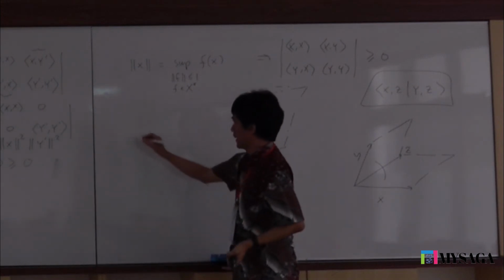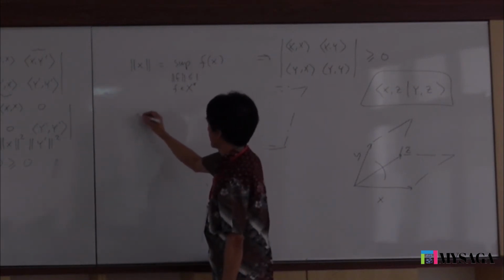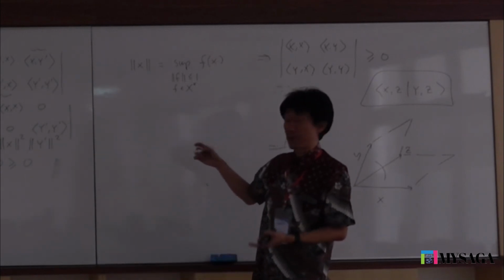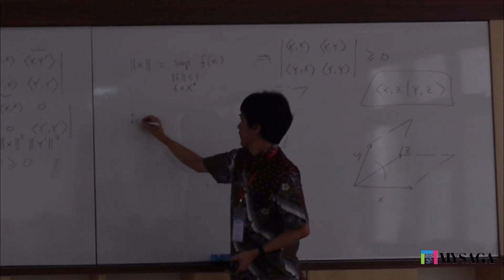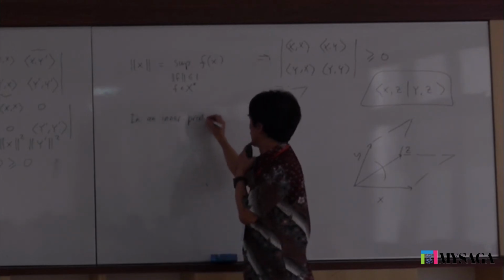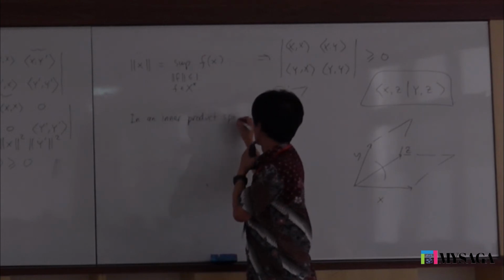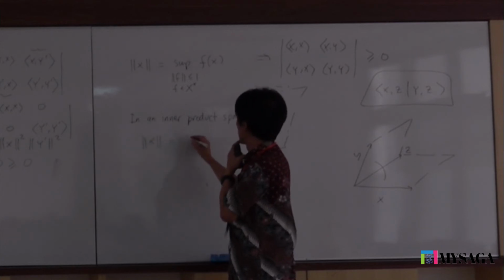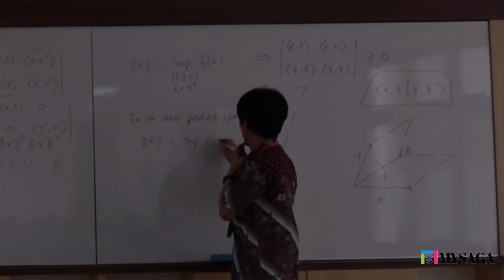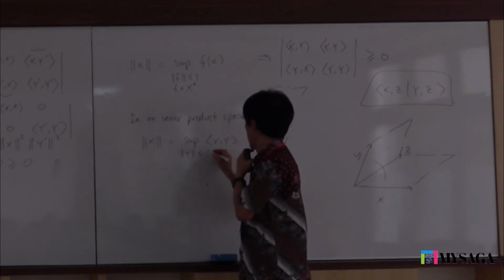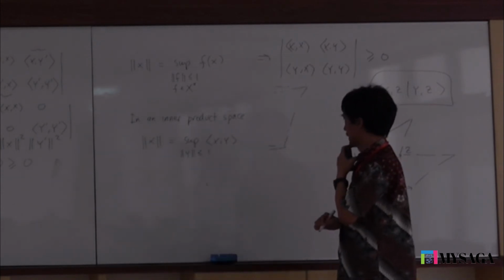But if X is an inner product space, then in an inner product space, you know that this is true. The norm of y is less than 1. Is that correct?